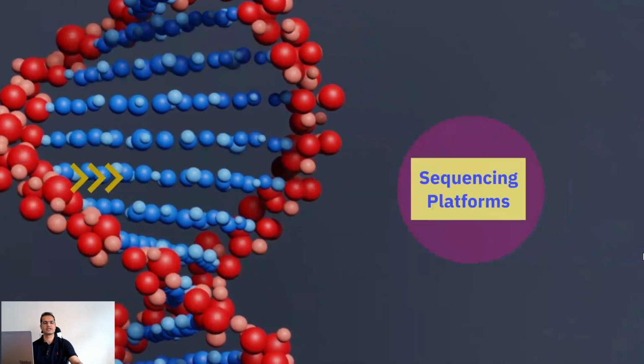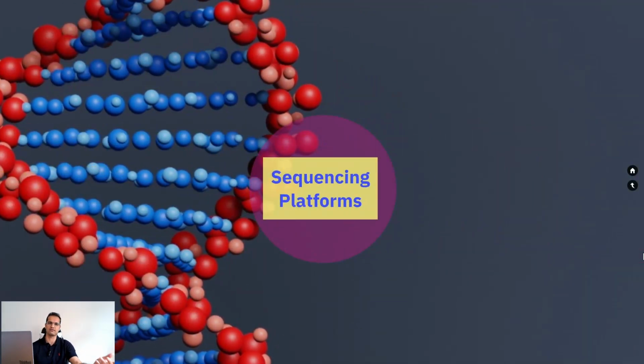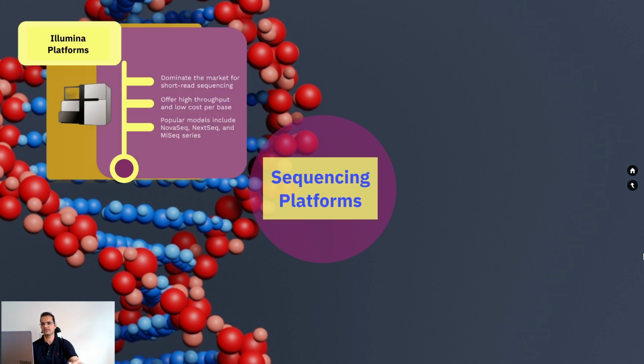Let's see which platforms we have for sequencing. When designing an RNA-Seq experiment, selecting an appropriate sequencing platform is crucial. Here are some key points about these sequencing platforms. The first platform I want to mention is the Illumina platform, which is dominant in the market for short-read sequencing.